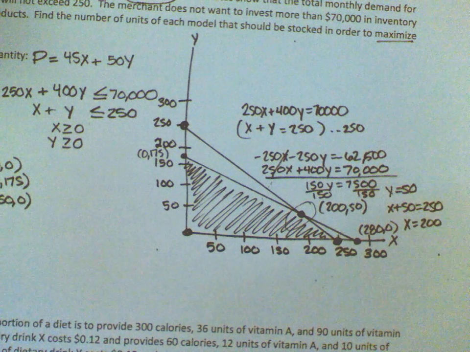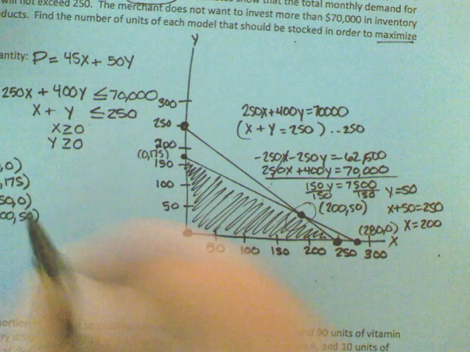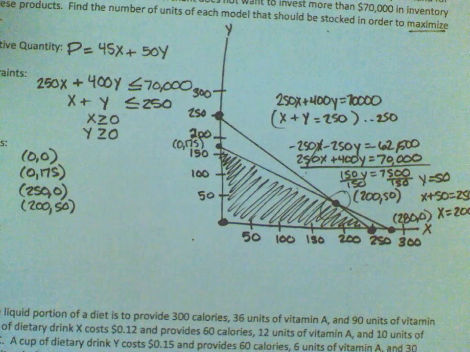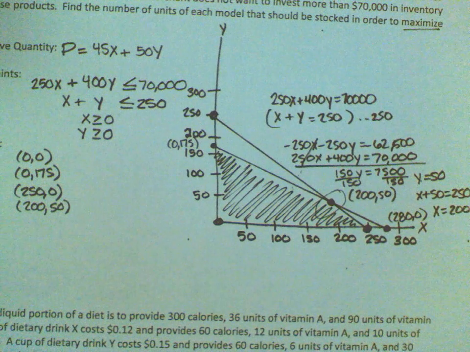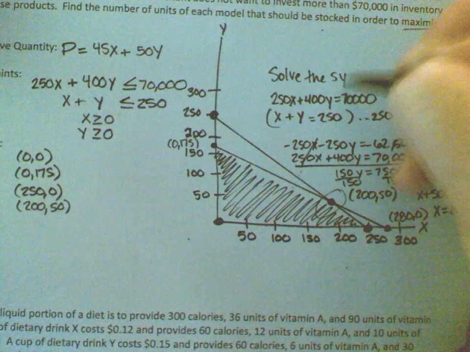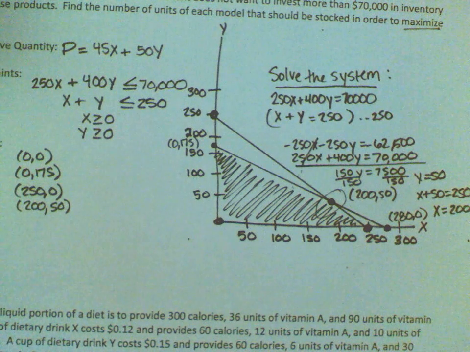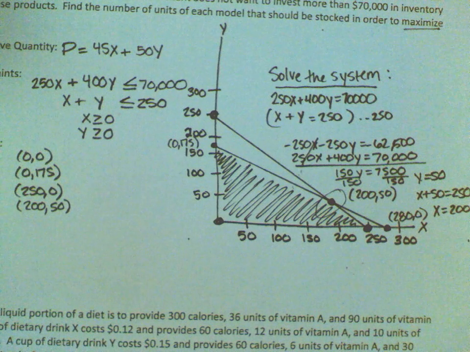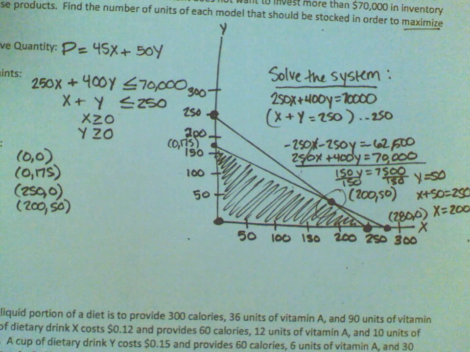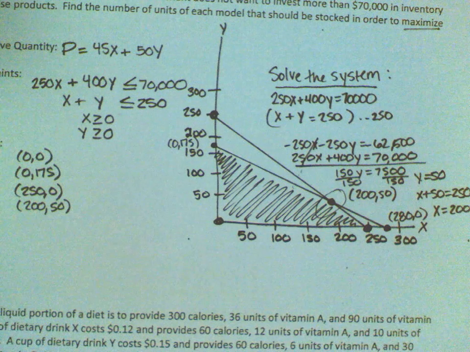So I did have the right location. You could write a note up here: this is solve the system. Now the bell's going to ring shortly, so I'll just say I'll take those numbers, plug them into my objective quantity, and the one that gives me the maximum will be what I tell the company. You should get this many of each DVD.